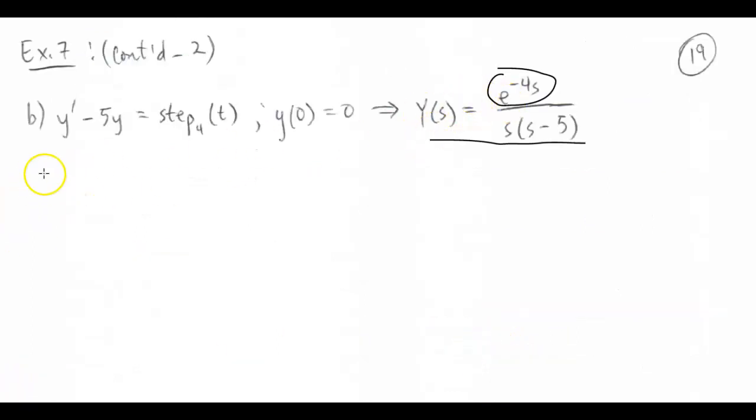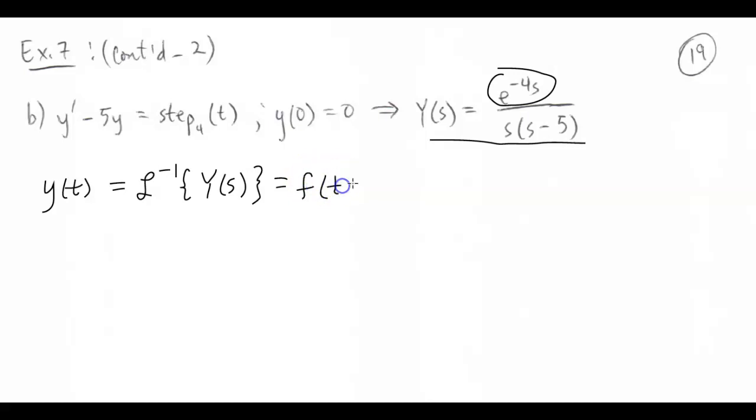So if we come here, let's say that we want to find out what y of t is. Of course, that's going to be the inverse Laplace transform of this. And here we know that this part here is just going to translate to f of this. And of course, it looked like this.